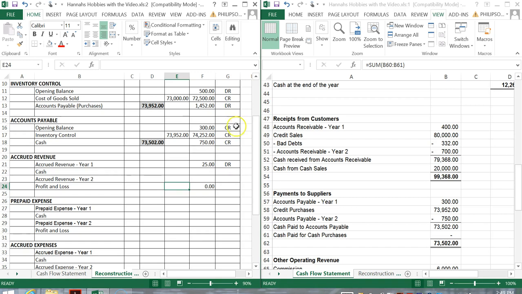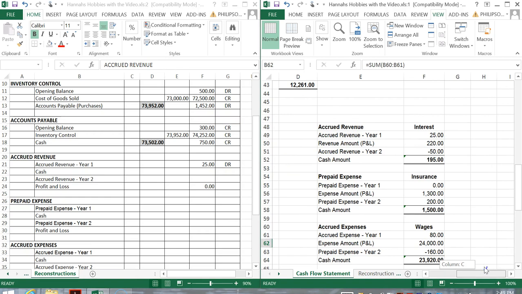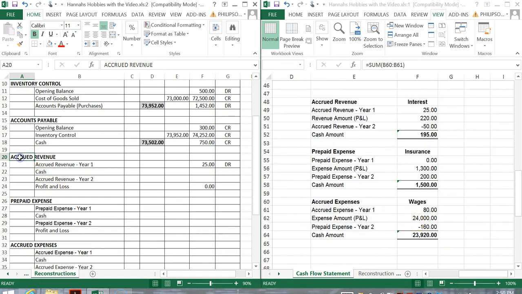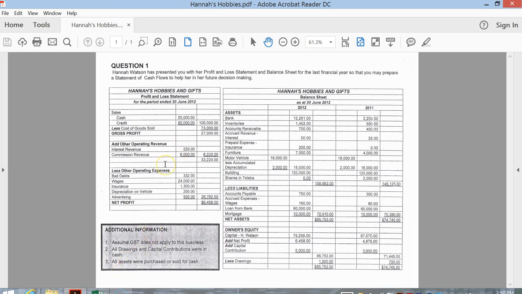Start from 0, and then as our narration tells us here, from the profit and loss, we should really have accrued revenue interest. So our starting point, 0. Profit and loss interest: if we go back to our income statement, interest revenue is $220.